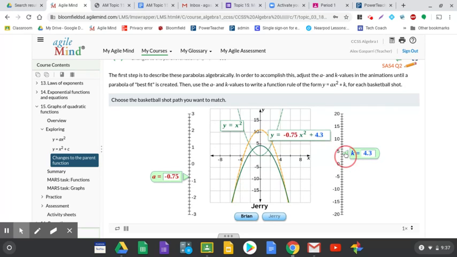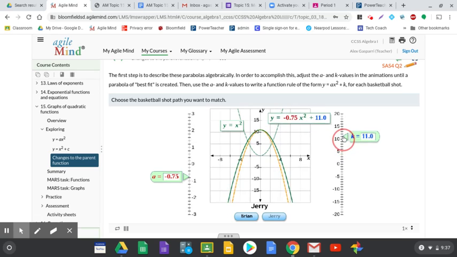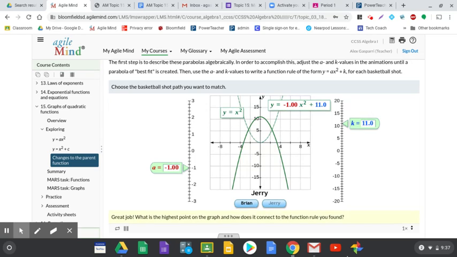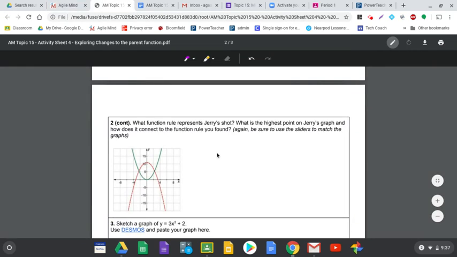It also got shifted up the y-axis, looks like around 11. And I need to make it a little bit narrower. And there you go: y equals negative 1x squared plus 11, or negative x squared plus 11.